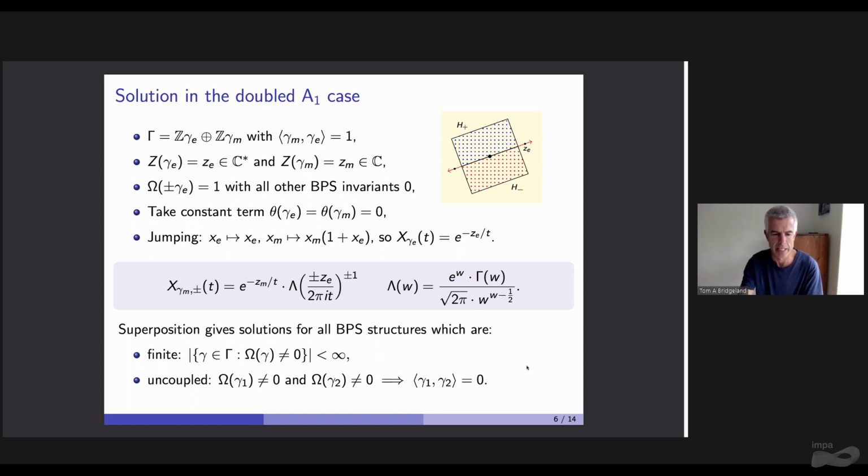Okay, so it's an Abelian problem. So if you have only finitely many non-zero BPS invariants and you have this uncoupled situation, then you can solve your Riemann-Hilbert problem just by taking a product of solutions like this. This solution jumps on this ray, now just multiply it by another solution which jumps on a different ray, and you can solve your problem like that.